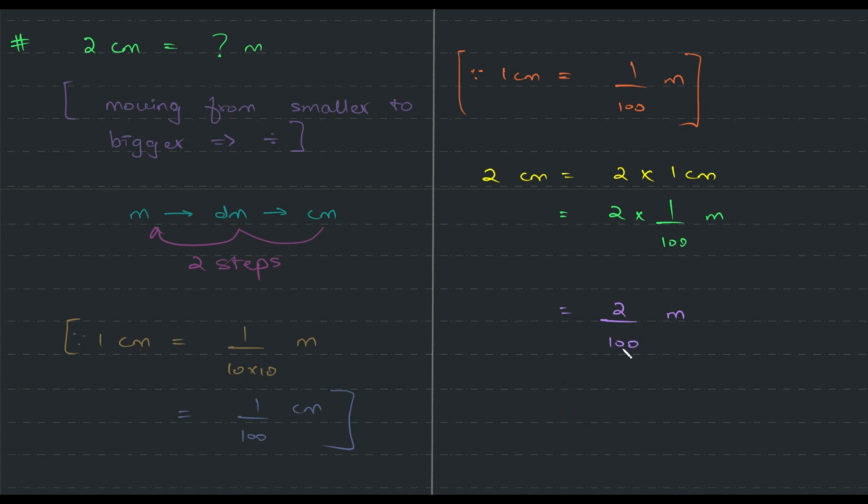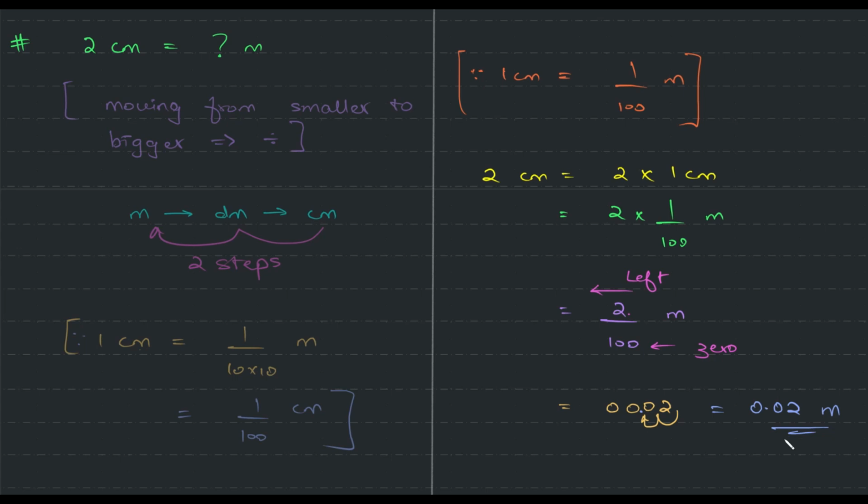Because there are 2 zeros, the decimal place should move left. Let me put a few zeros and write 2. The decimal place is over here, 1 and 2. So this is 0.02. Don't forget to write the unit, meter.